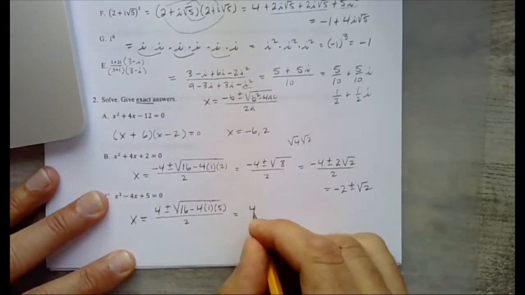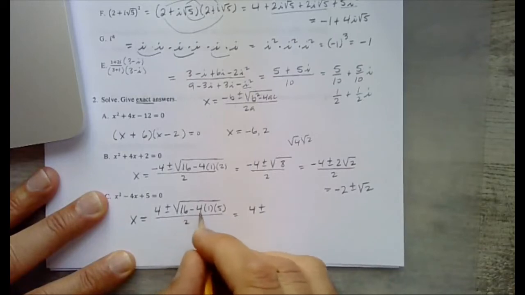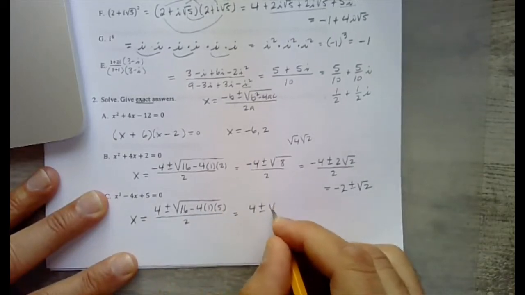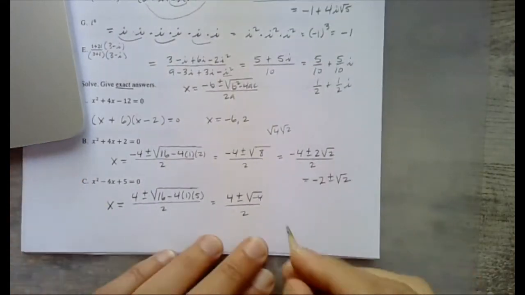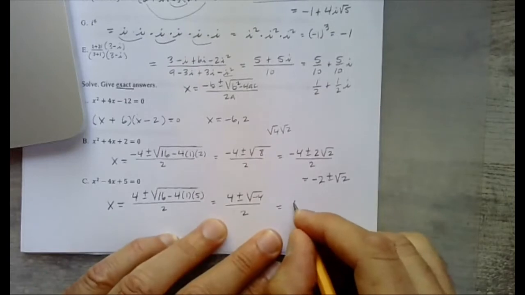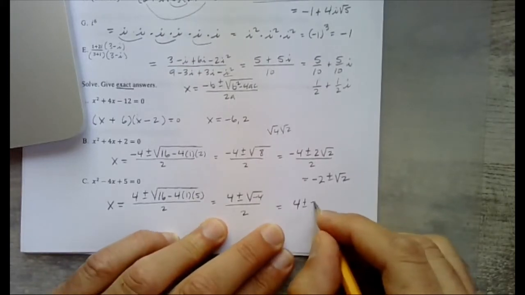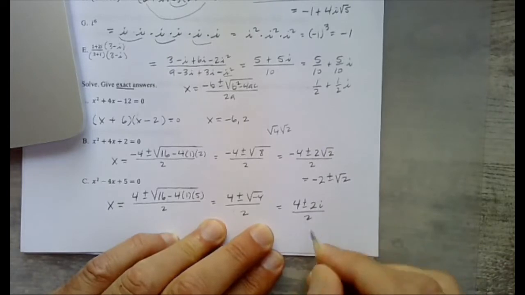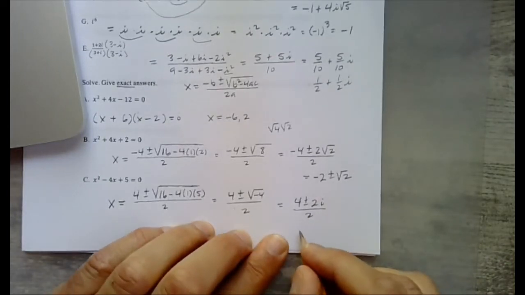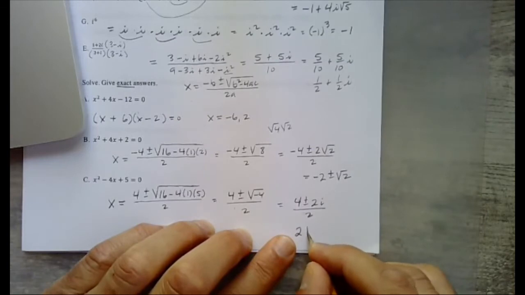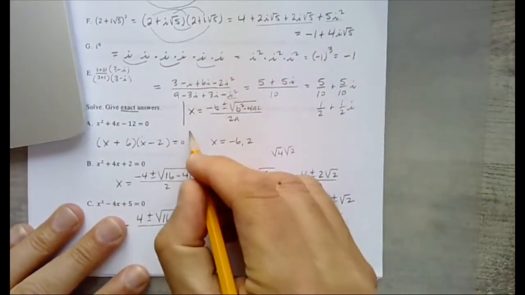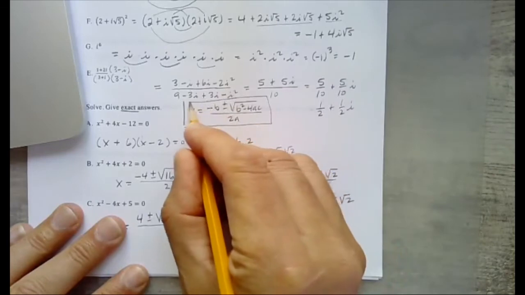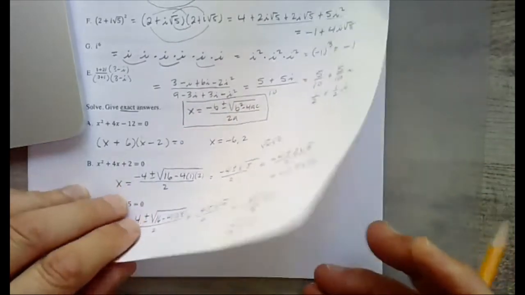So we get 4 plus or minus 16 minus 20 is negative 4. And the square root of negative 4 is 2i, all divided by 2. 4 divided by 2 is 2. 2 divided by 2 gives me 1i. So make sure that you have the quadratic formula either memorized or written down on your formula sheet.